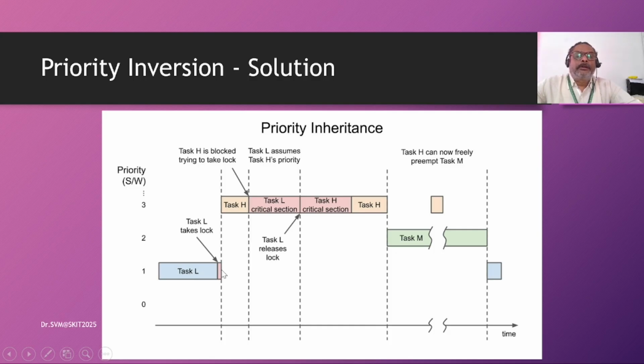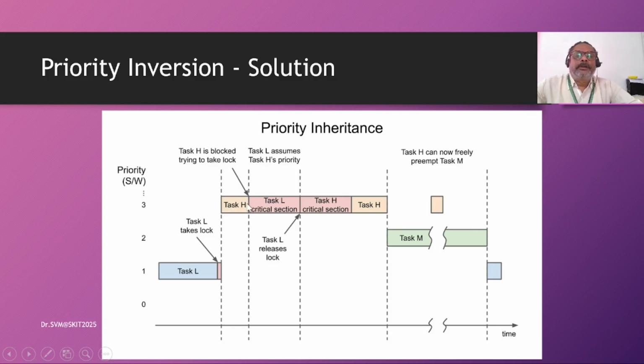But here it has entered into the critical section, and at this instant, if a process of higher priority has come in, then it starts its execution, because this is still a non-critical section of the higher priority task. Therefore it can continue without any problem.